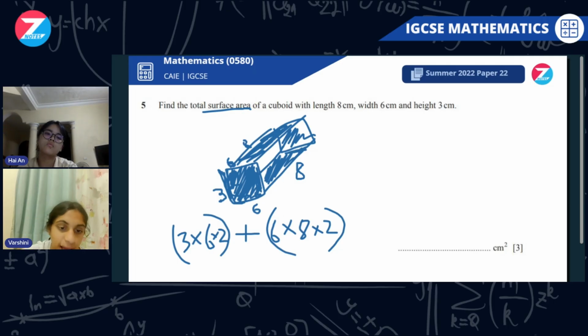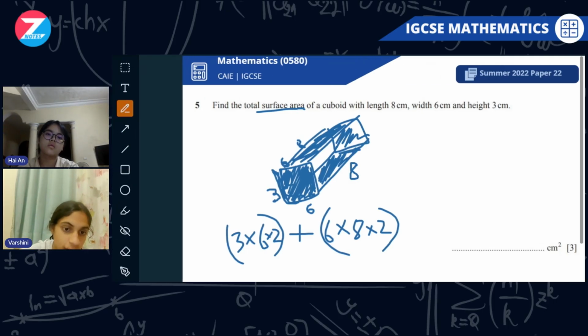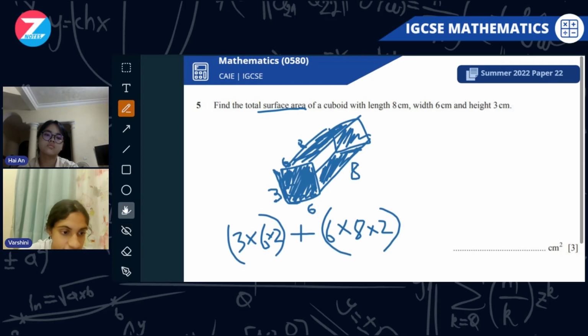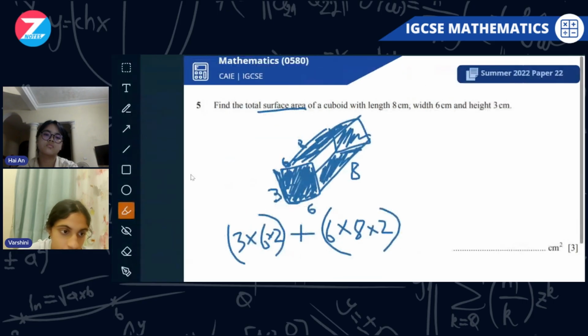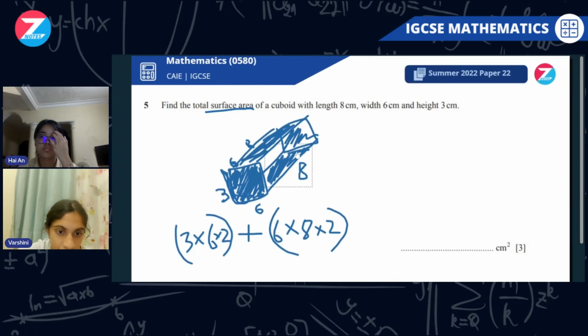And lastly, we have the side faces. Let me use a different color. Yeah, so this face, let me tilt this. And the other face that's on the other side of that.